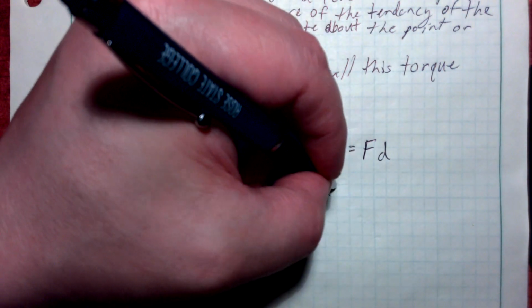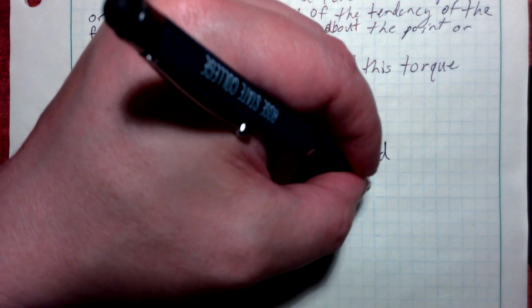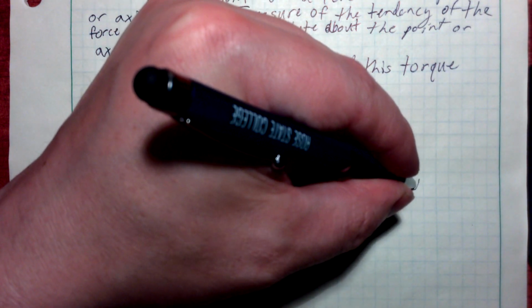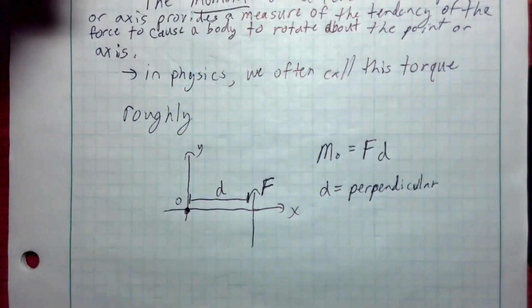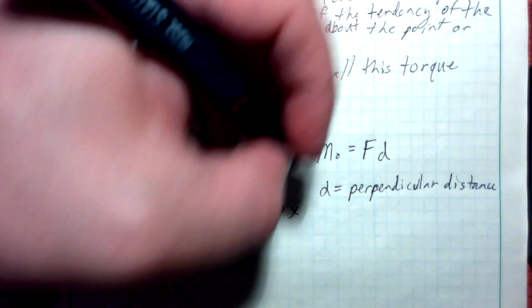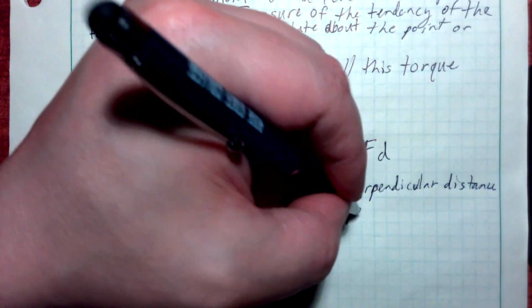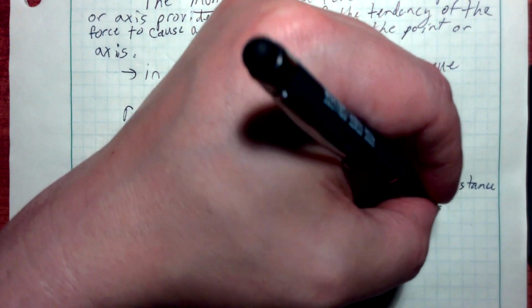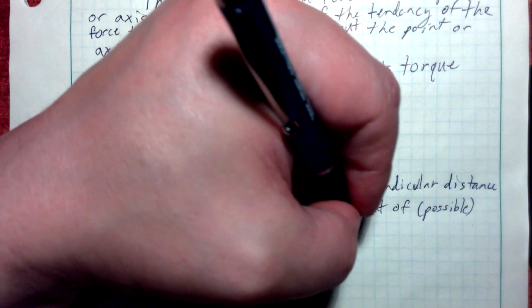D is what we call the perpendicular distance to the point of, I should say, possible rotation.